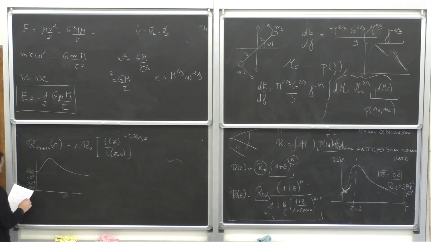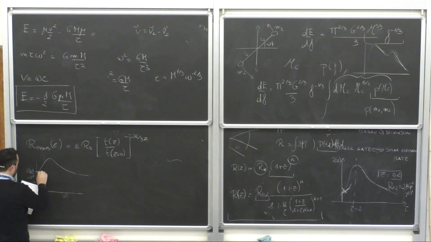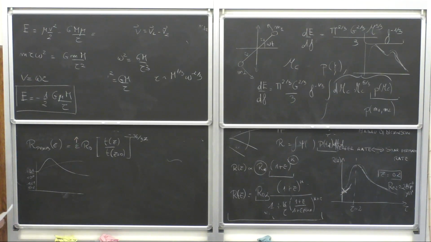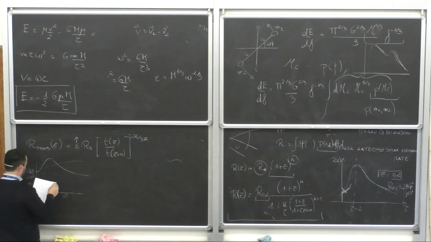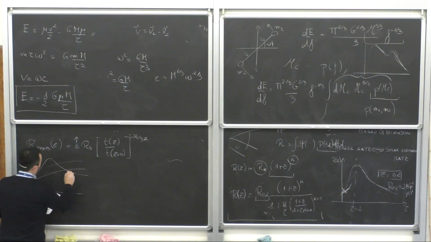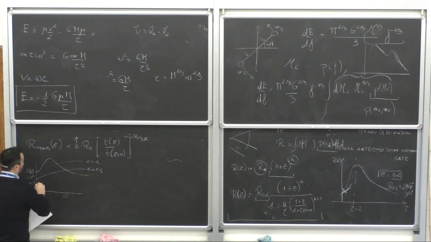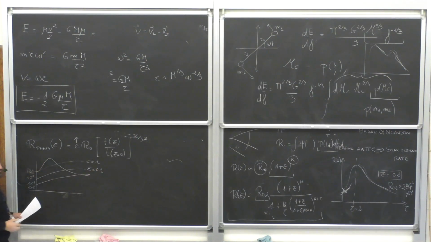Okay. So for the merger rate, depending on this value that is model dependent, for different values of epsilon, this is epsilon 1, this is epsilon 0.1, you expect different behavior of the merger rate, okay.